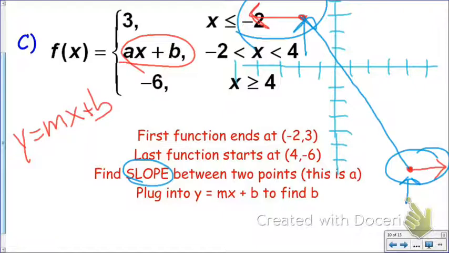That will be our a, because it falls in the same part as our m in our slope-intercept form. And then we can plug an ordered pair, x and y, either one, and our m into our equation to find b. So let's get rid of this graph and give us some room for the algebra.